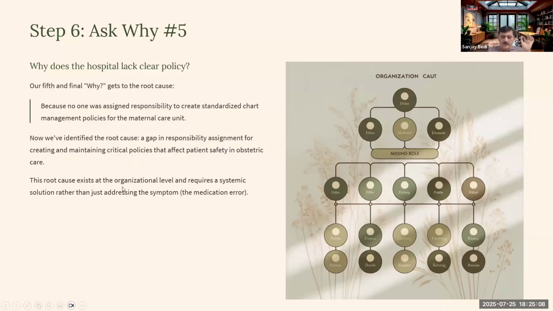This root cause exists at the organizational level and requires a systemic solution rather than addressing just the medication error. So this way we involve the whole system from a very simple error, and we can prevent this error from occurring again.